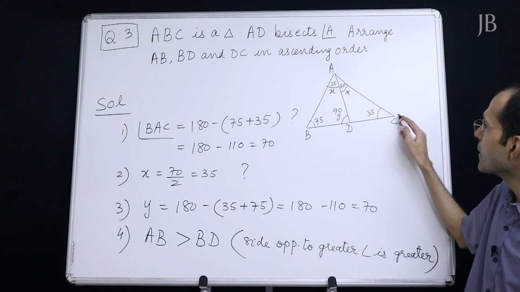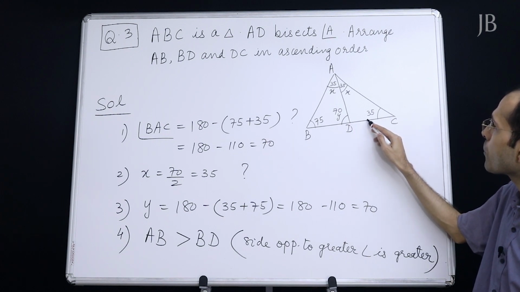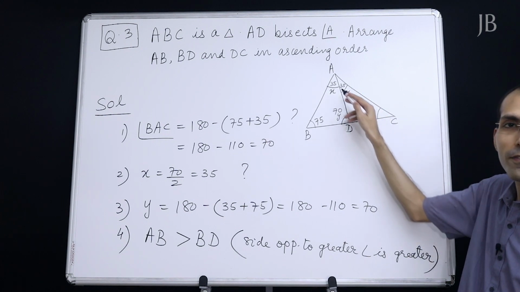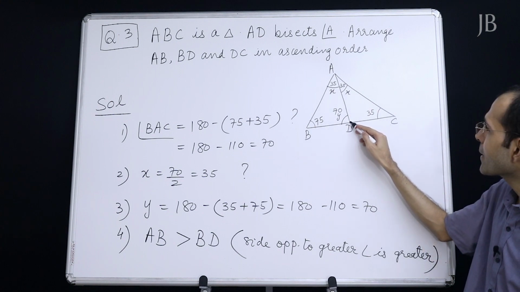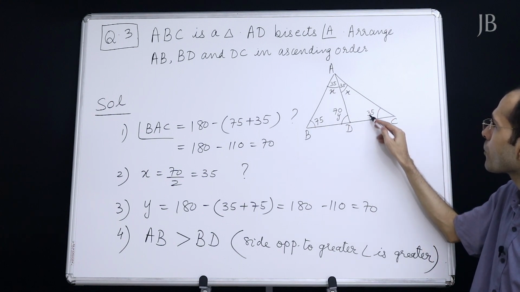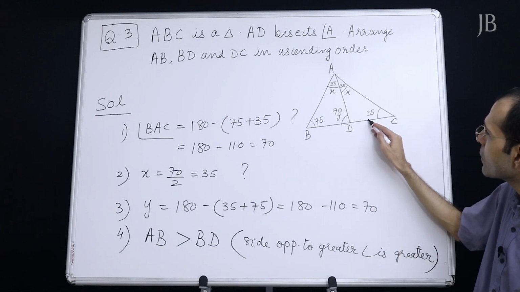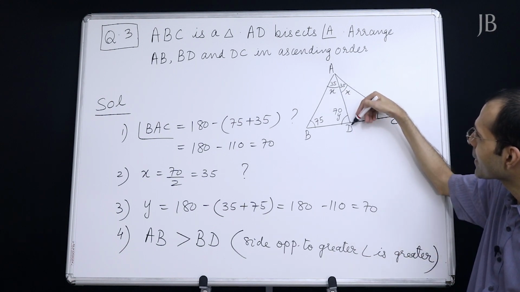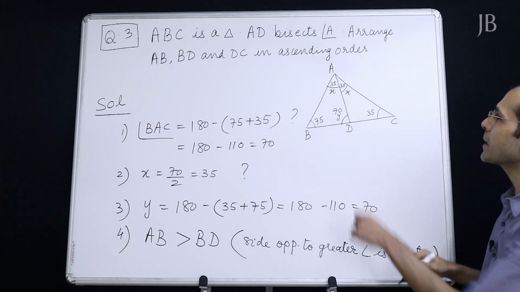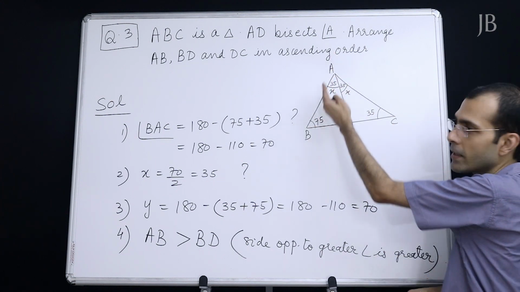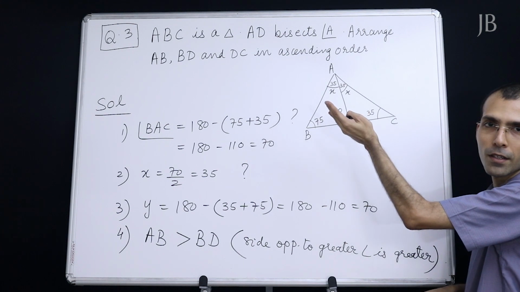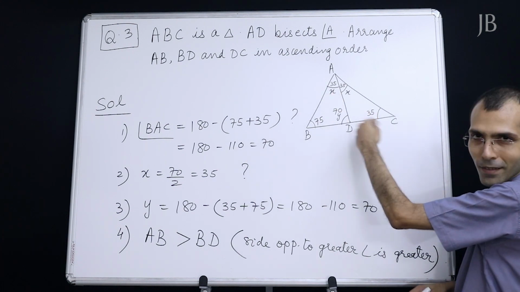Now DC is opposite to 35 degrees, right? Now this DC we will compare with AD. Why will we do that? Because AD comes in this triangle and AD comes in this triangle also. So it will help us to cross over.